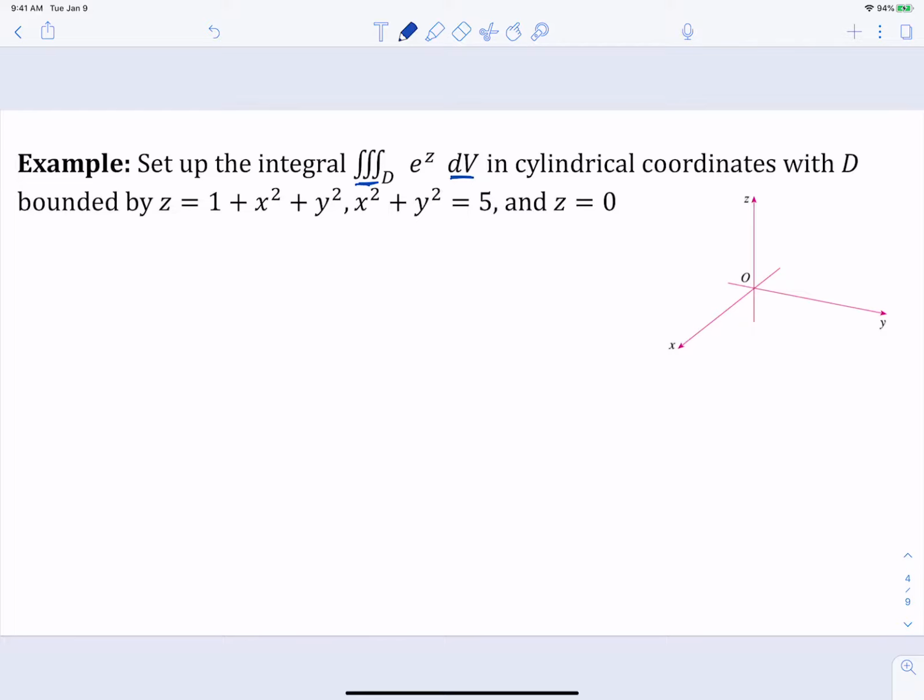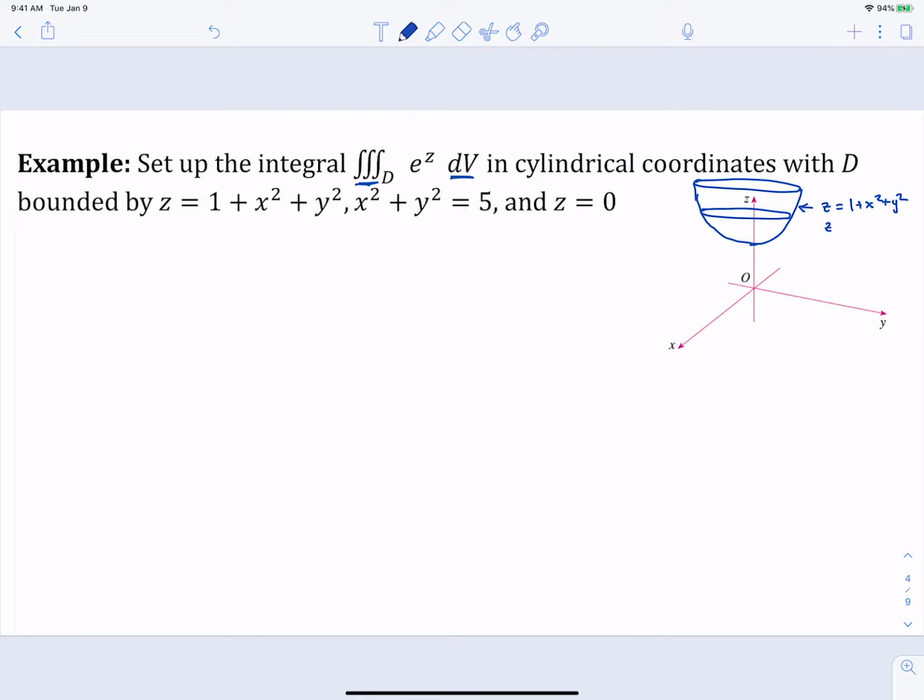So we've got this region. We've got z bounded by 1 plus x squared plus y squared. That is going to be a paraboloid with its base there at 1, an upward bowl looking like this. So there is z equals 1 plus x squared plus y squared.